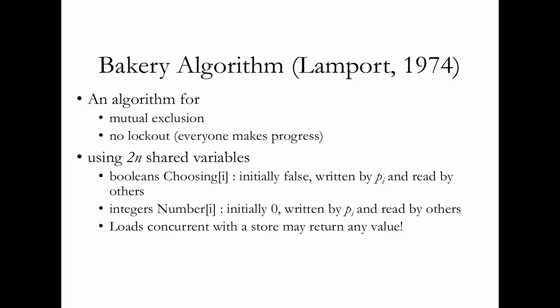Okay. So what is the problem here? The problem is that when we have an array like this, I have to know in advance how many tasks I'm going to have in my system.